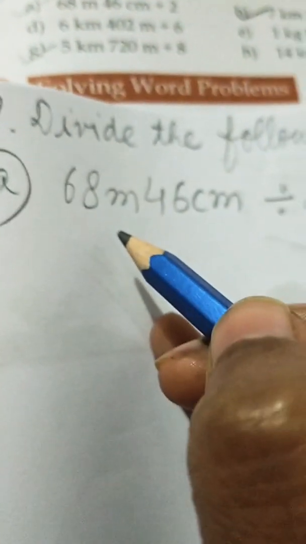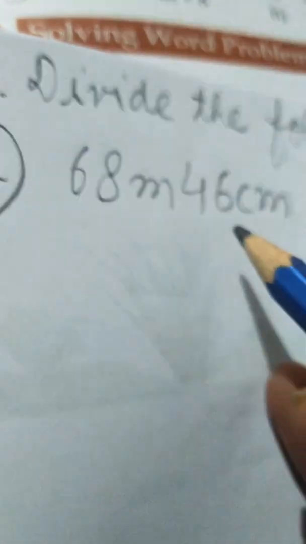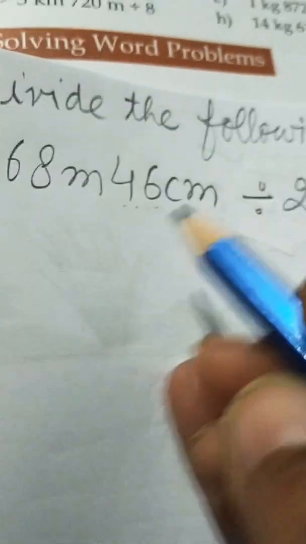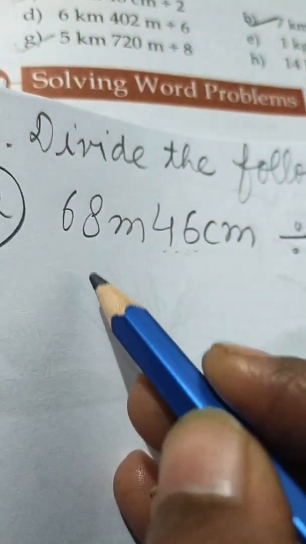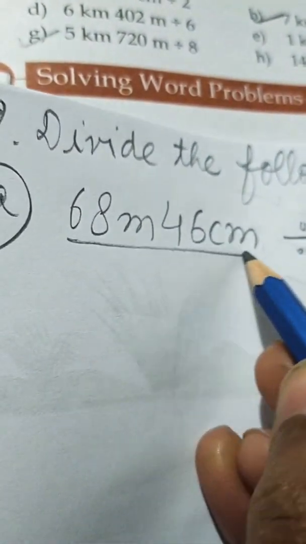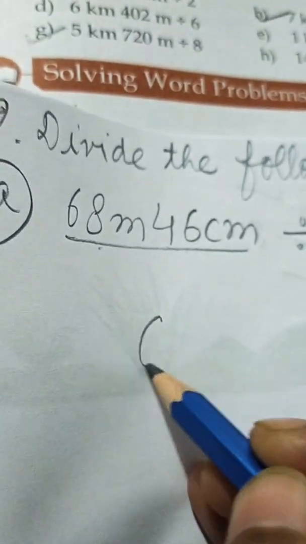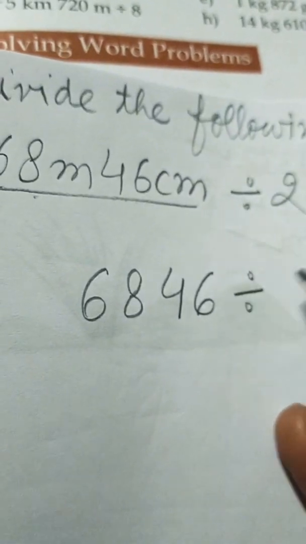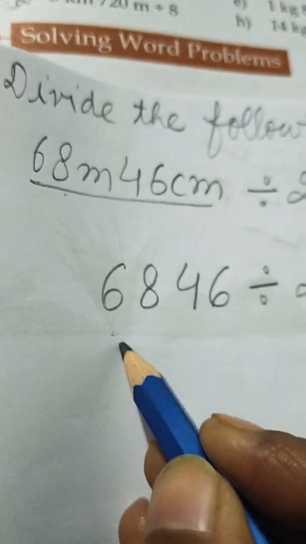Yes, firstly we will observe the statement carefully. Before centimeter if there are 2 digits then it's okay, directly we can do the calculation. So firstly we will write this statement without units. Without units it will be 6846 divided by 2. Firstly we will do the division.